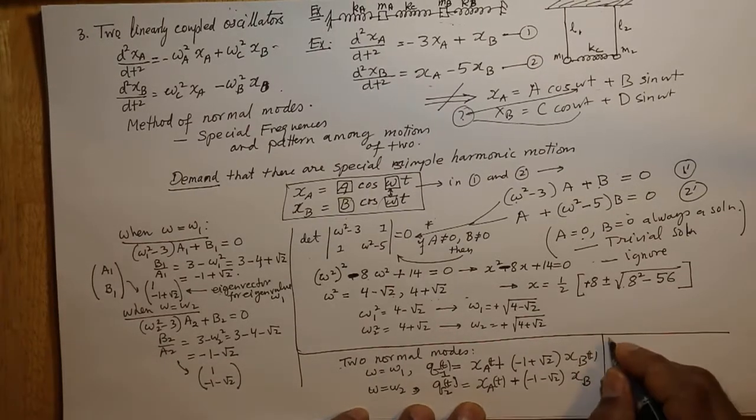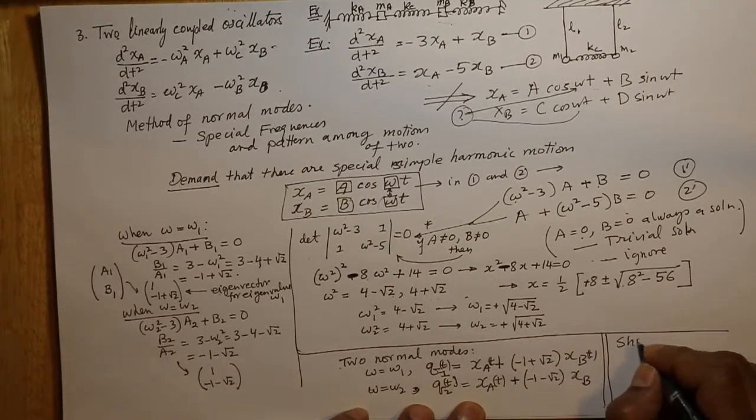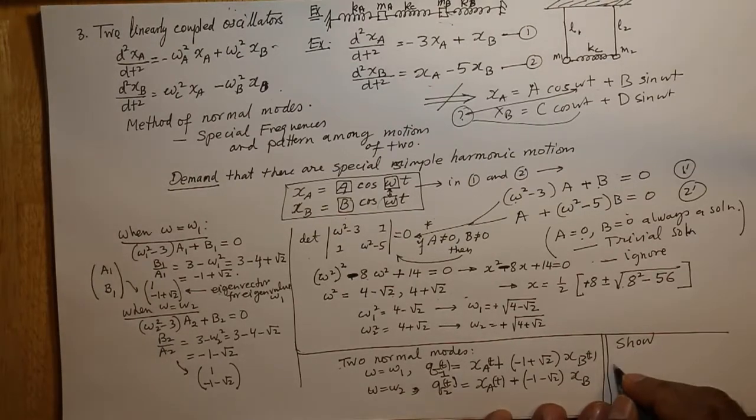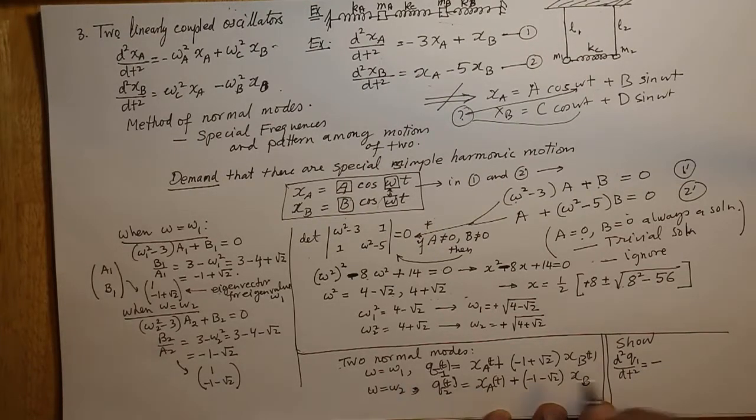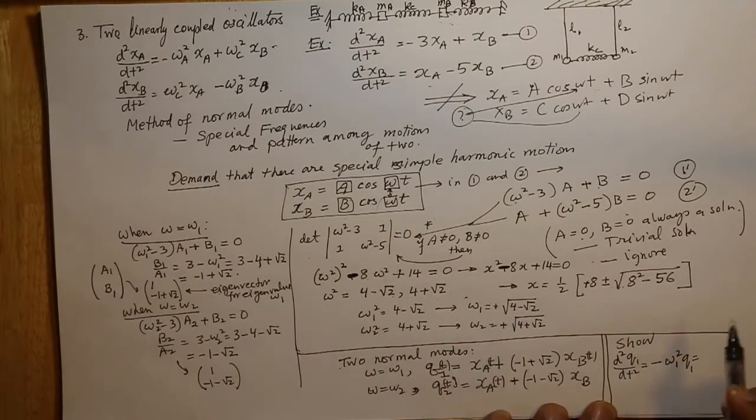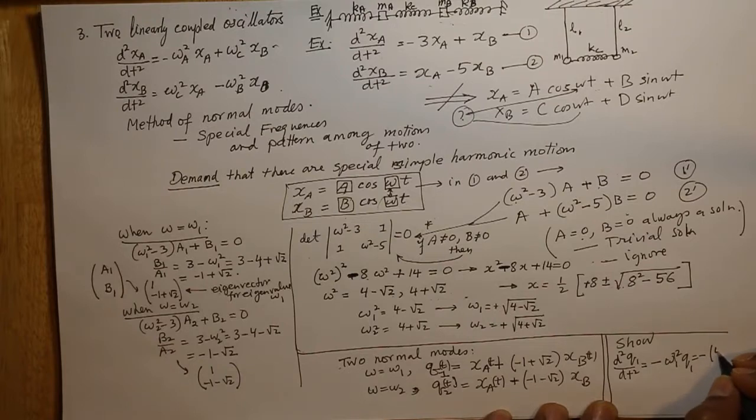Actually, you can show that if I take d square Q1 dt square, I get minus omega 1 square Q1, which is minus 4 minus square root 2 Q1.